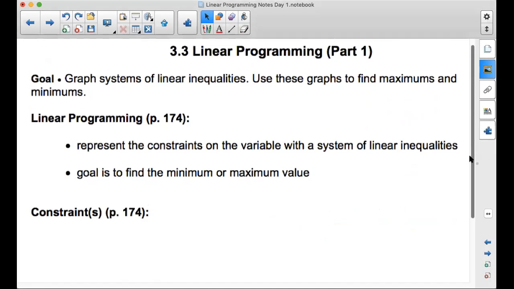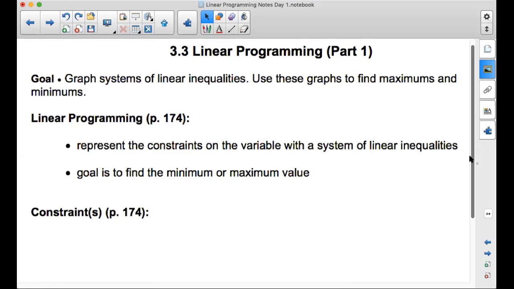So the second part of chapter 3, there's a little extension to section 3.3. Section 3.3 is graphing systems of inequalities, but sometimes there's an extension onto the section. Like in chapter 2, the piecewise functions were an extension of section 2.7. So linear programming is an extension on section 3.3, and sometimes we extend to go more in depth, more in detail with the concepts, and not just simply graphing.